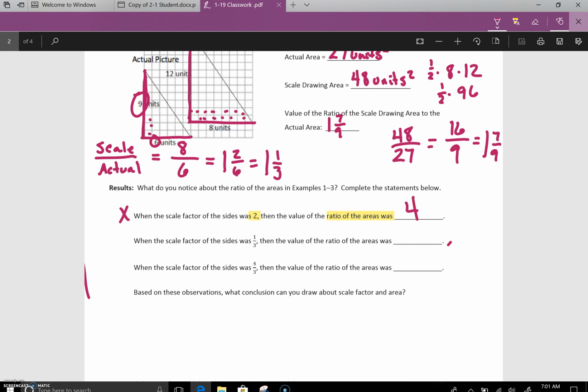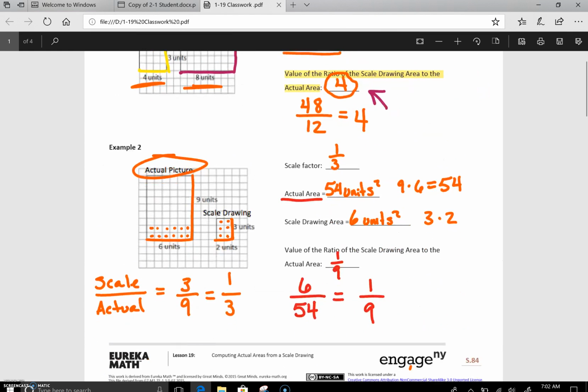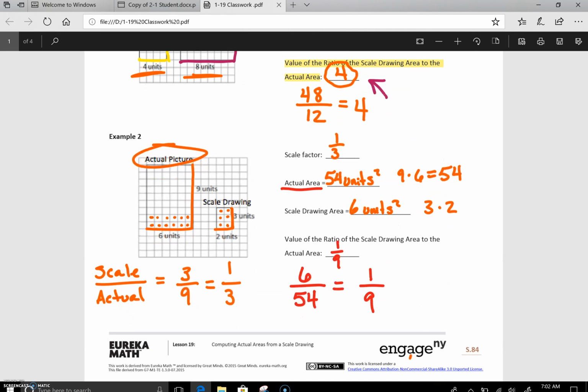And all that means is if you double the sides of the length on a rectangle, the area becomes 4 times as great, not just 2 times. Second one, when the scale factor of the sides was 1/3, the value of the ratio of the area was, let's go look. So that's example 2. When the scale factor was 1/3, the value of the ratio of the area was 1/9.